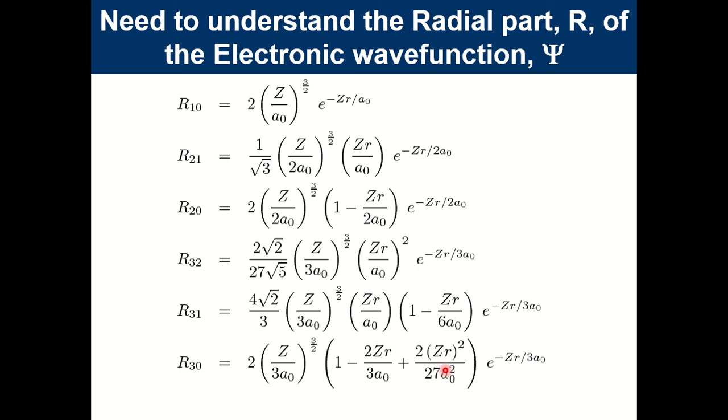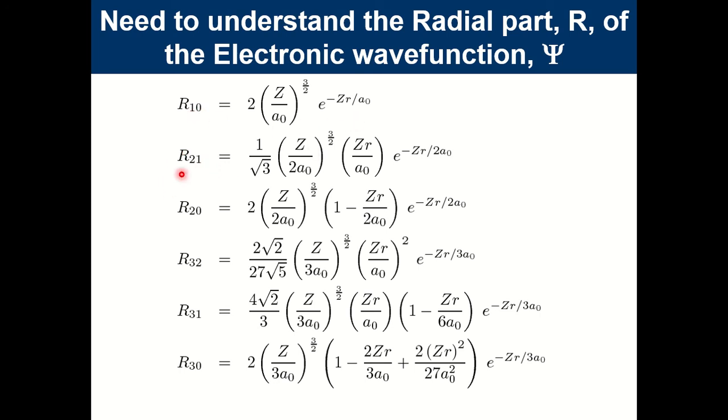This you can recall from your earlier knowledge of quantum mechanics and earlier classes, even in inorganic chemistry we teach students that the electronic wave function psi has two parts: one is the radial part and the other is the angular part. Let us consider the radial part here. So this is 1s, n equals 1, L equals 0, the 1s wave function.